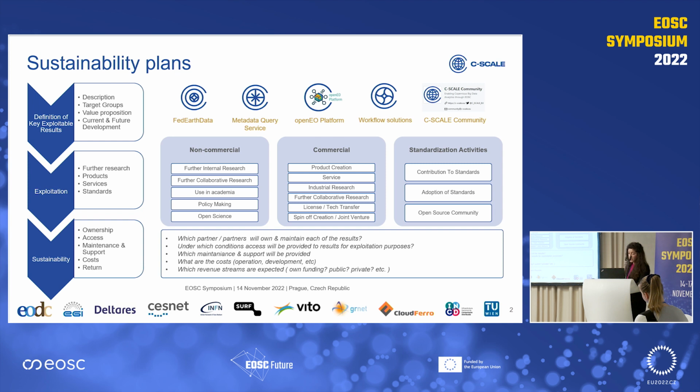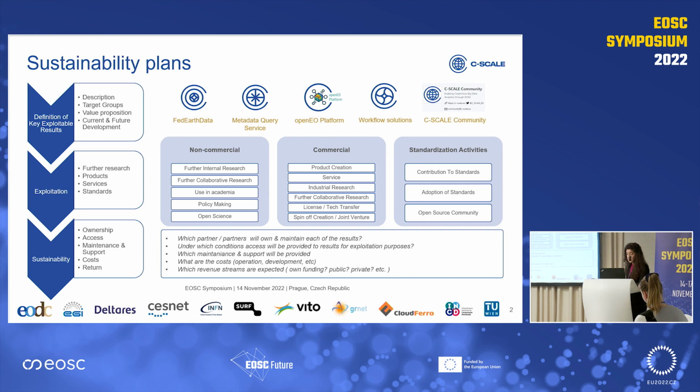These are the services that you heard already and our community, the C-SCALE community. For these 5 results, we identified the target groups, the value that they add to the target groups, and also clarified how far we want to take them, so the current and the future developments.